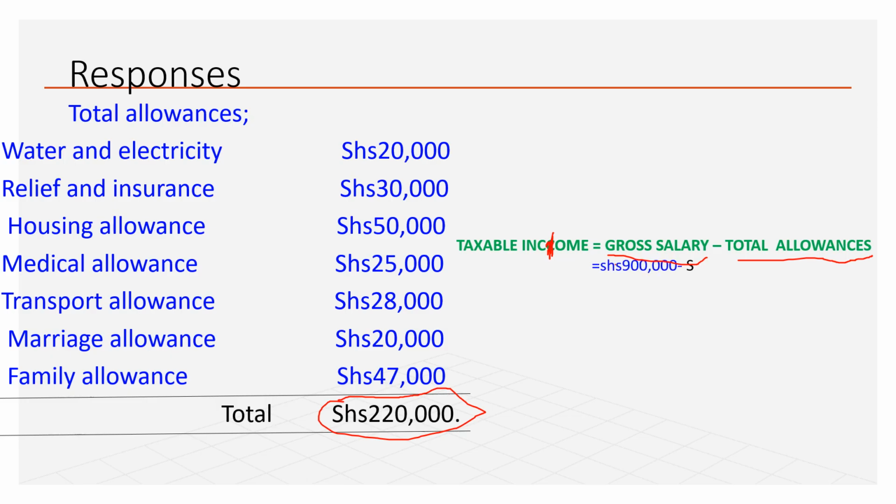And as per this, the 900,000 minus 220,000 automatically gives us the amount 680,000. So that will be the money that is to be subjected to taxation as per his salary description.